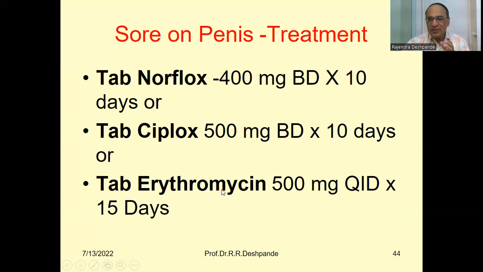The last is an old traditional drug which is not used by many doctors today, tablet erythromycin 500 milligram, but QID. Here the dose is given more frequently: 8 a.m., 12 noon, 4 p.m. and 8 p.m. So nowadays nobody is using erythromycin. Mostly Norflox and Ciplox are used.